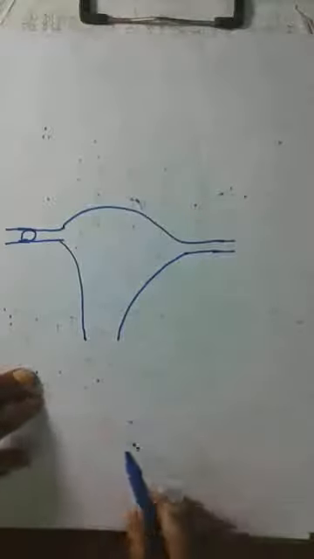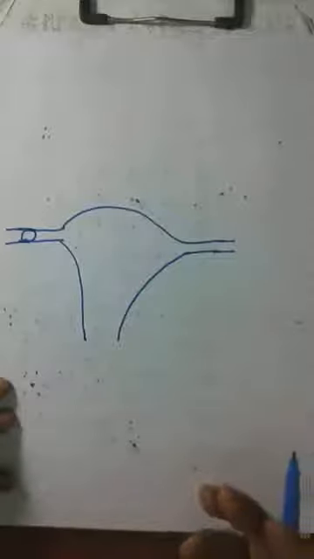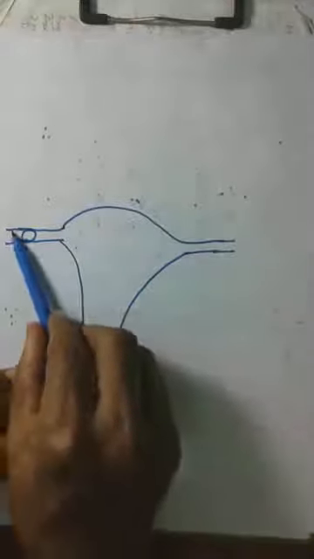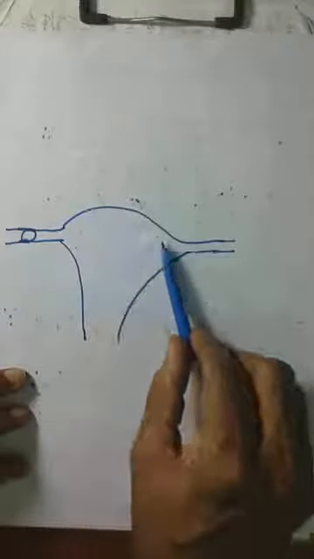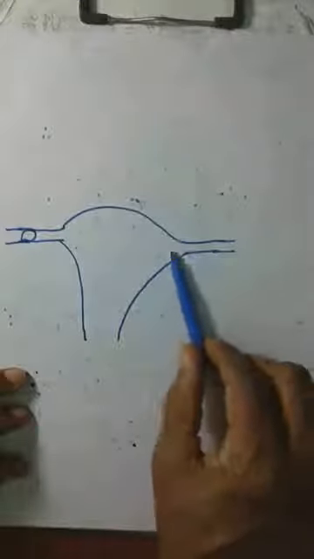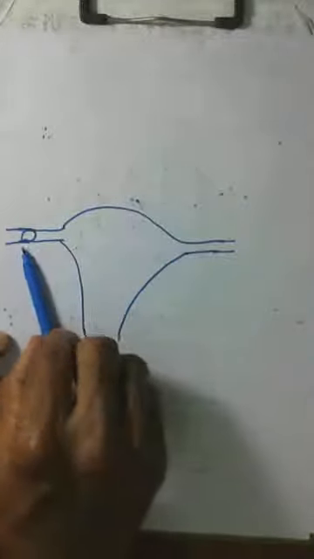Here the pregnancy should develop in the uterine wall. It will be implanted in the uterine wall. Instead of that, it is sticking here and growing.